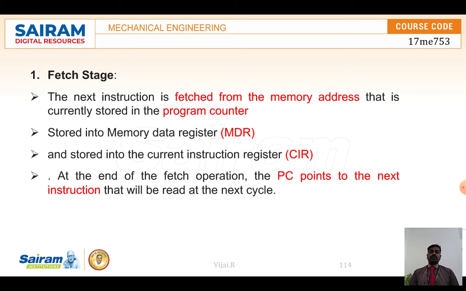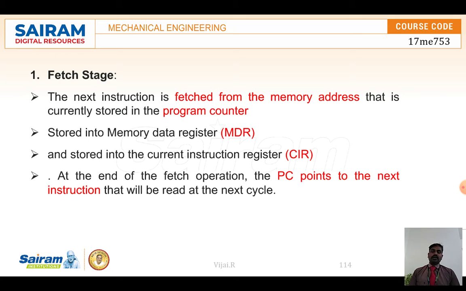The instruction is currently stored in the program counter, so it is fetched from that memory address and stored in the memory data register, MDR. The information to be processed is fetched and stored in the memory data register.